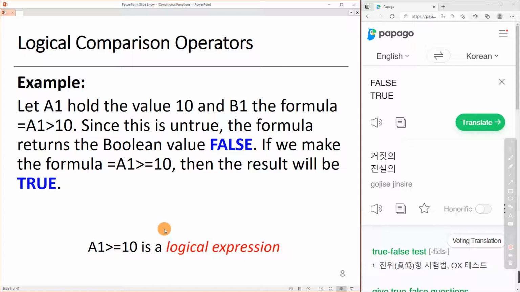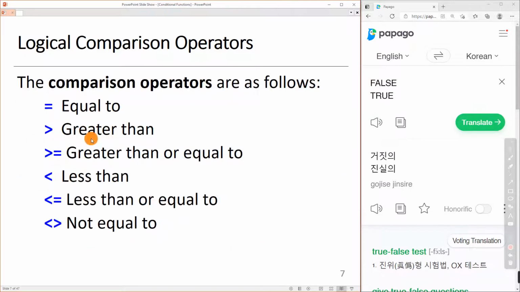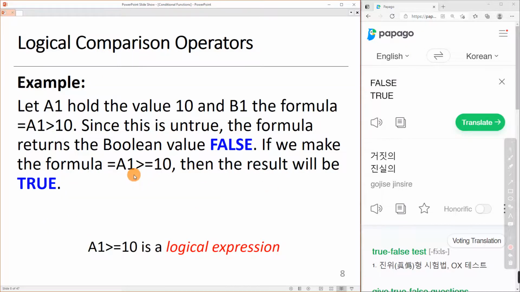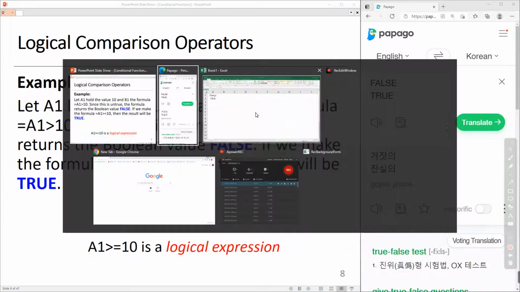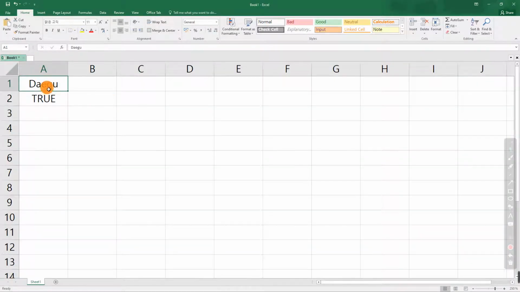So now let's simply modify this example, and instead of greater than, I'll use another comparison operator, which is known as greater than or equal to. Instead of A1 greater than 10, I'll write A1 greater than or equal to 10. And let's see how it will influence the result.